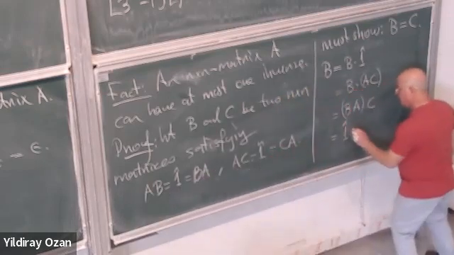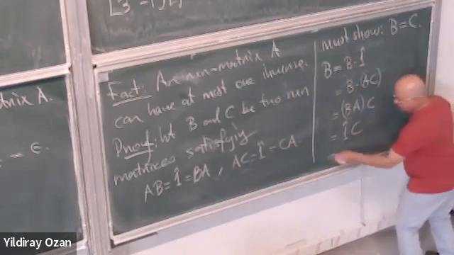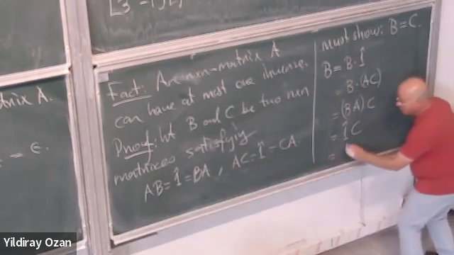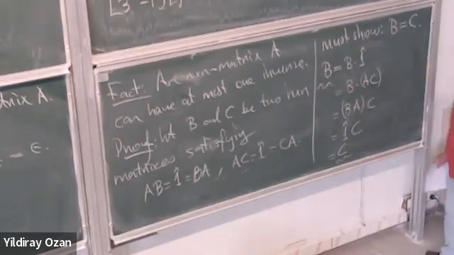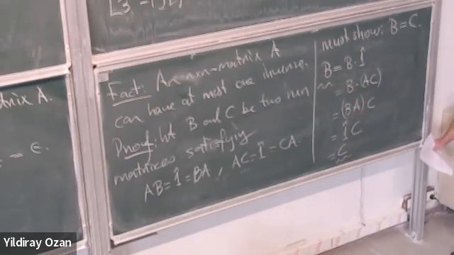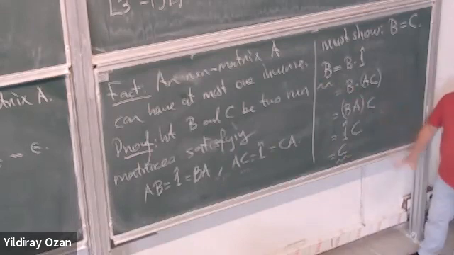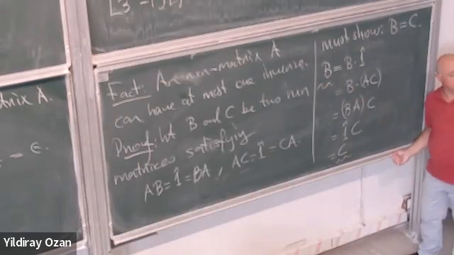All right. Times C. So identity times C is just C. So what we have seen is that B is the same as C. So there is only one inverse element. If there is, of course; sometimes there is no inverse element. But if there is an inverse element, then it has to be B. Okay?